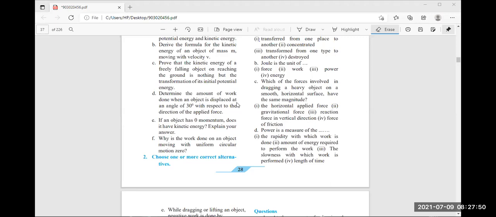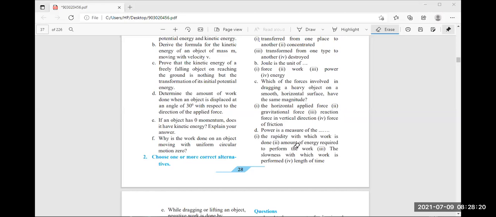Only 8 students are present with me. Shreya Kale, what is the answer? Utkarsha, can you tell the answer? Gravitational force and reaction force in a vertical direction. Very good. So the answer is gravitational force and reaction force in a vertical direction. Okay, second and third one.